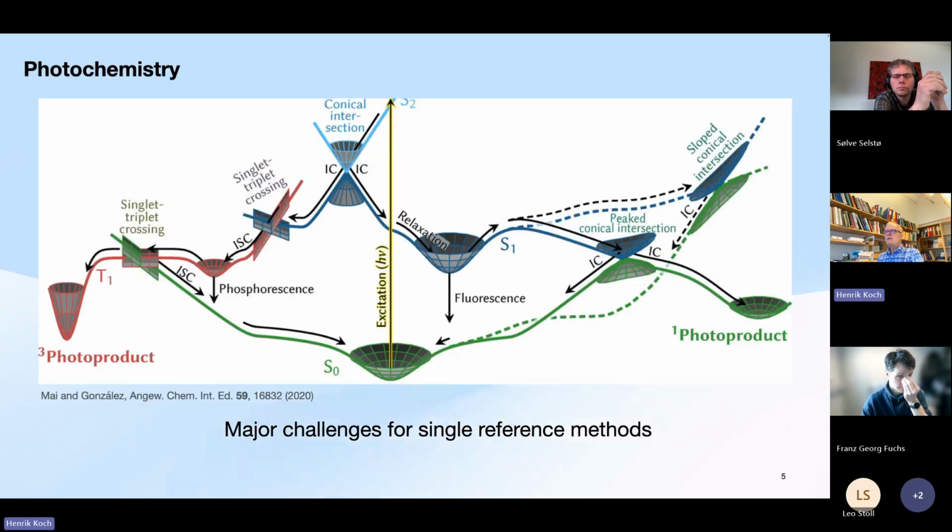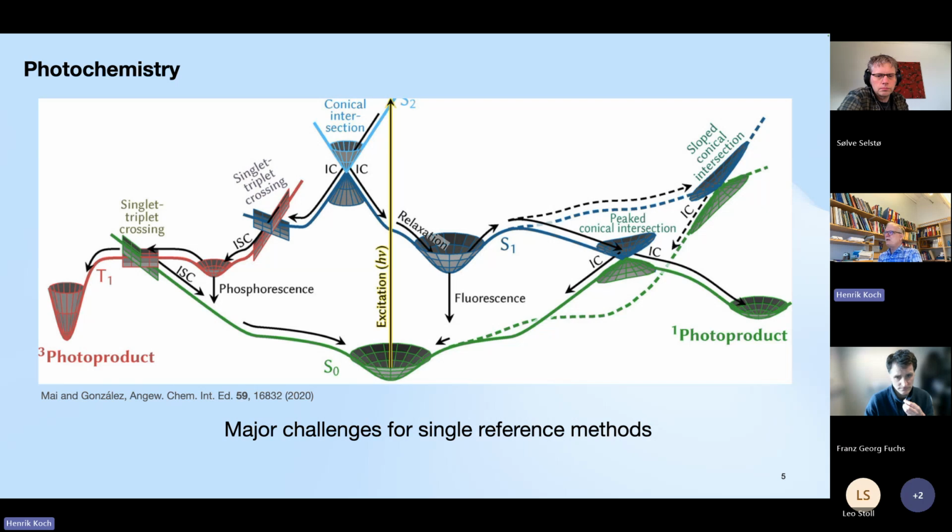What we are interested in is photochemistry or photophysics, where you excite your molecule from the ground state S0 up to an excited state, for instance, a pi star state, an S2 state, and then you get a relaxation back down to the ground state.